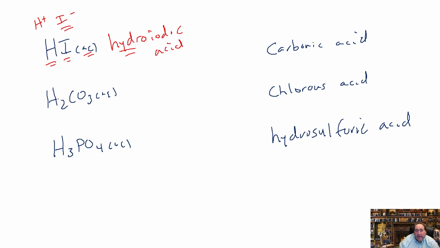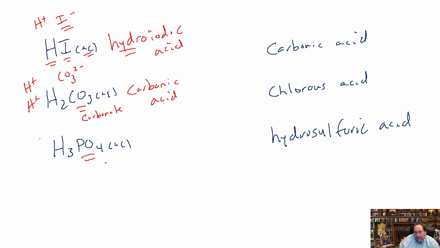Here I have oxygen present and a polyatomic ion, which is CO3 2 minus. That's carbonate. And that's basically H plus and CO3 2 minus, which is why I have two hydrogens there in the formula. This means as carbonate, which means this is going to be carbonic acid.